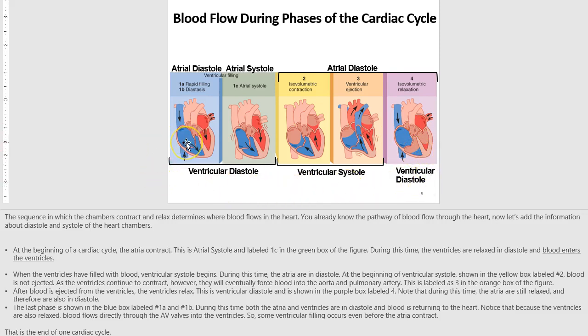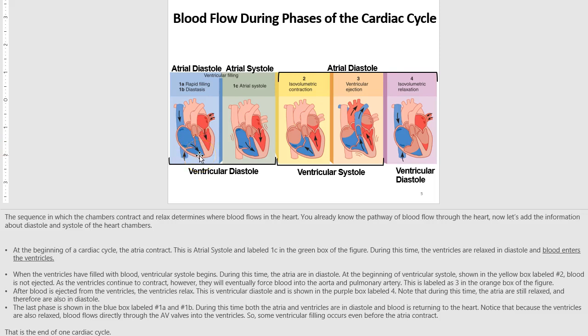Finally, at the end of this cardiac cycle, which on this diagram looks like the beginning, this blue box labeled 1A and 1B, both the atria and the ventricles are still in diastole. But during this time, enough blood pressure has accumulated so that blood will flow past the AV valves.